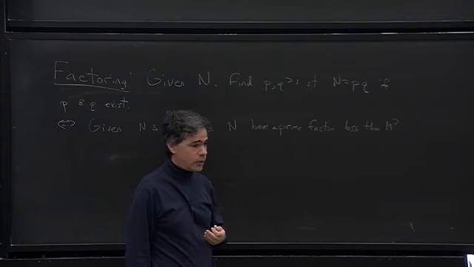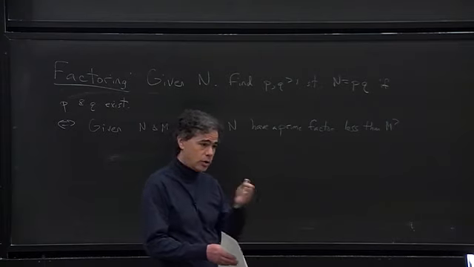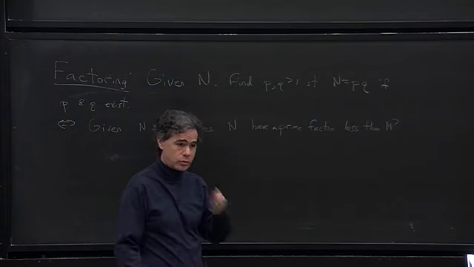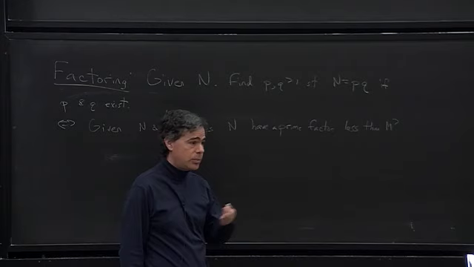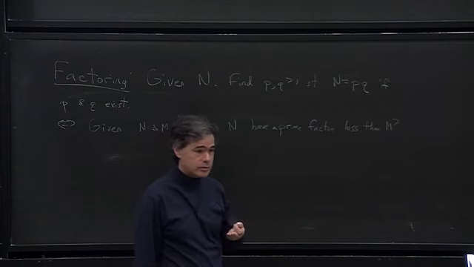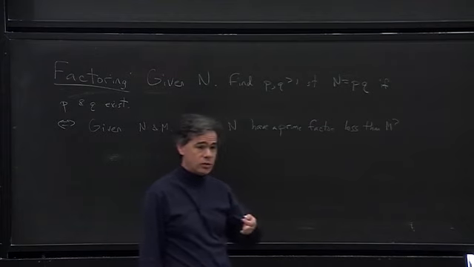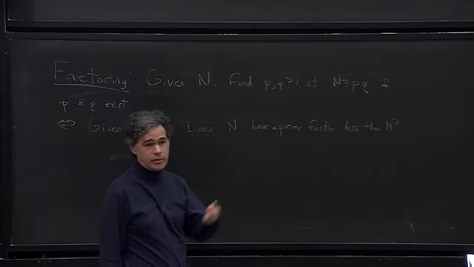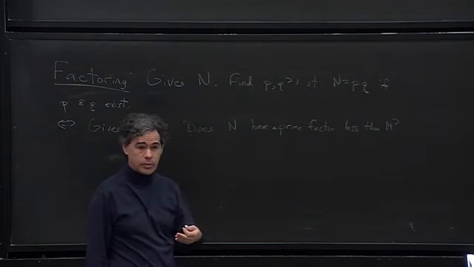And if it does have a prime factor that's less than 3/4 square root of N, then you've narrowed it down to between square root of N over 2 and 3/4 square root of N. And then you can narrow it down again by asking, what about 5/8 of square root of N? And so on. So you're narrowing it down by cutting the space of possible prime factors in half each time.